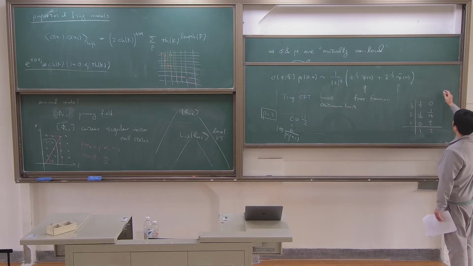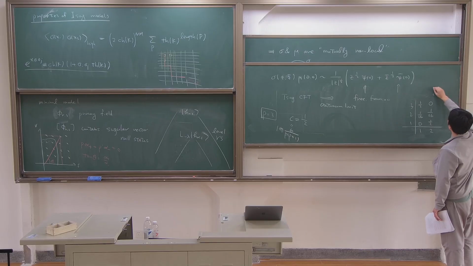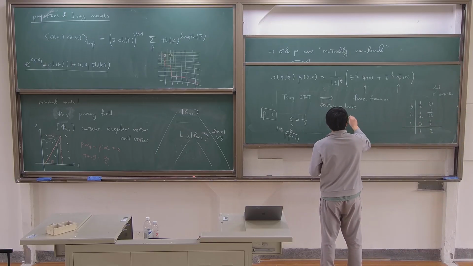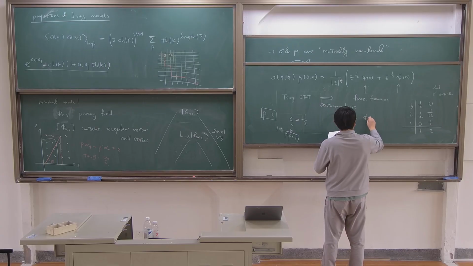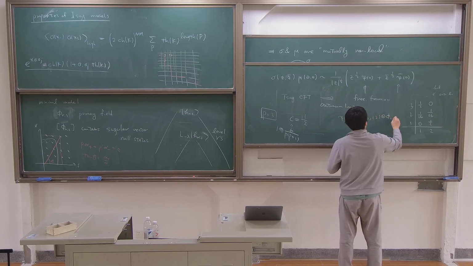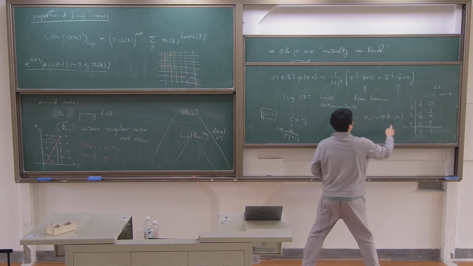And these are both the holomorphic and anti-holomorphic sectors. In fact, the psi of these free primaries arises as phi 21 of z and phi 11 of z bar. So this is the vacuum.